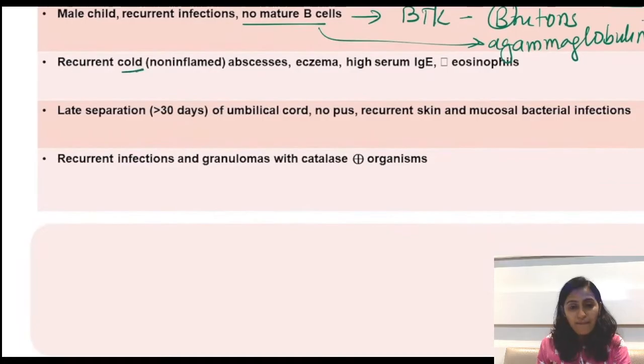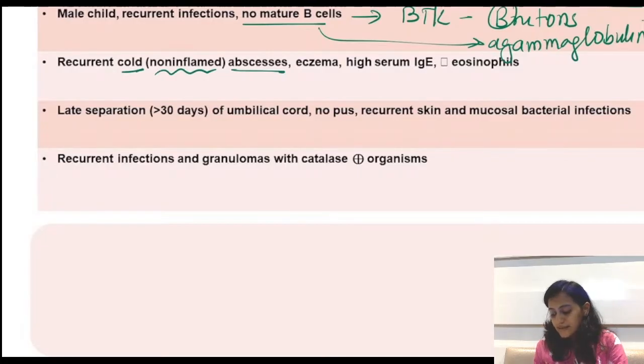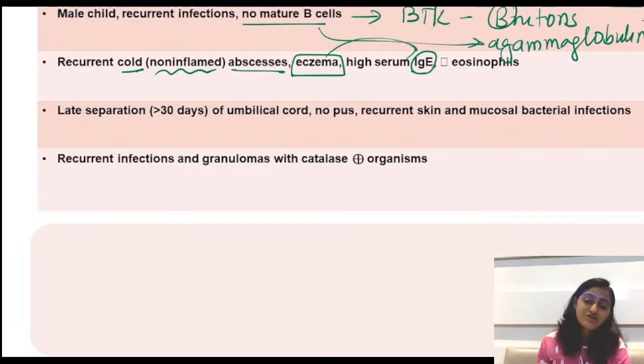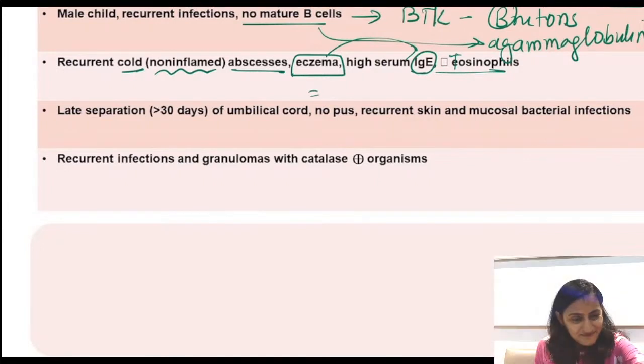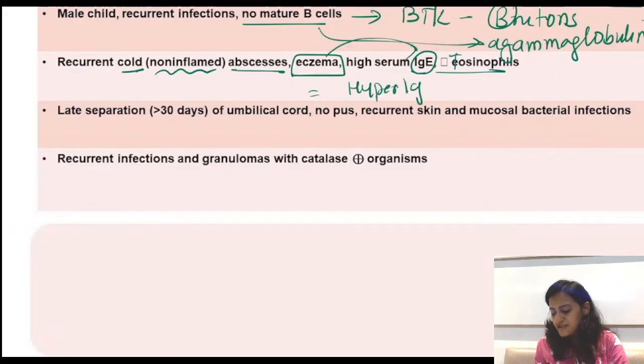Next one, what do you have here? Recurrent cold abscesses, that is non-inflamed abscesses. There is eczema. With eczema, there is IgE which is high. Eosinophils are also high. What is this one? This is hyper IgE syndrome.